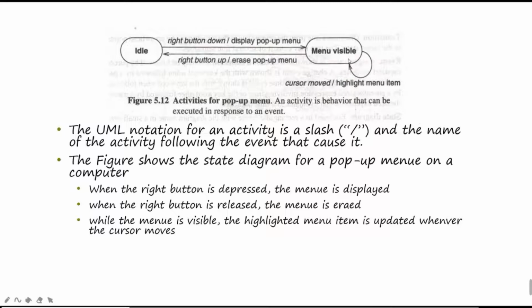It means when the cursor moves, the states will not change, and the effect for this event is highlight menu item. So it means that there could be effects for events on transitions between different states or the same states.